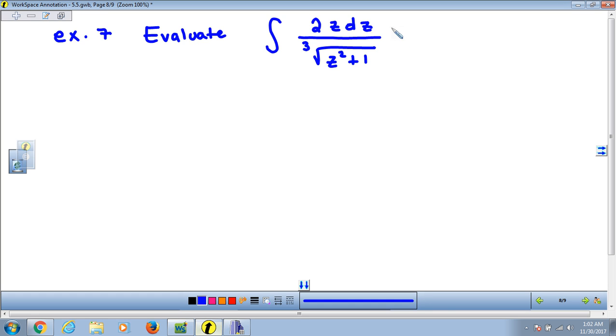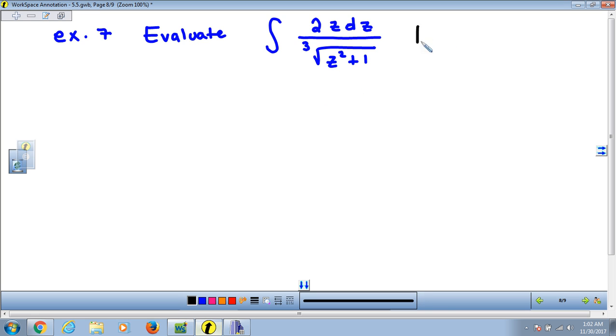So I guess the first thing to do is let's rewrite this a little bit. That may help to see it in a different way. Let's rewrite it in terms of u again, as always, right?